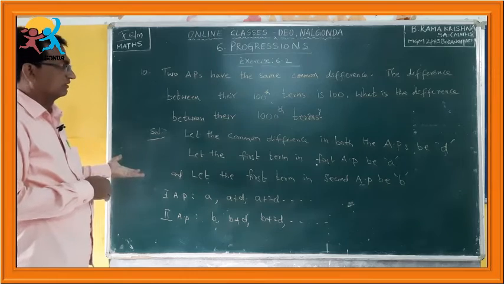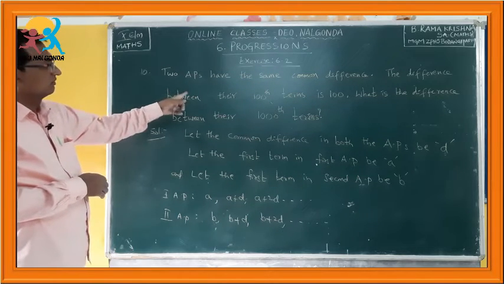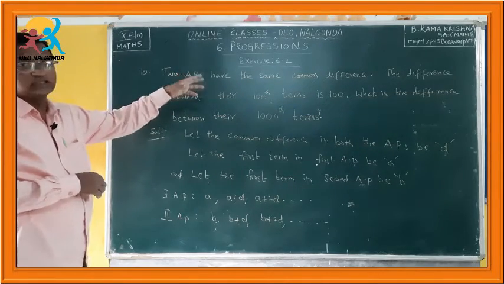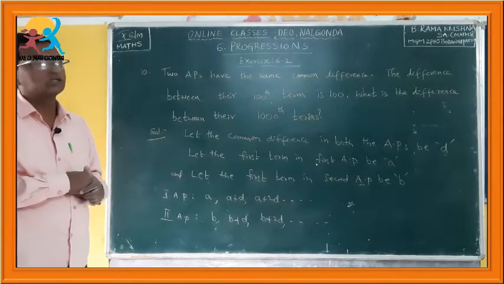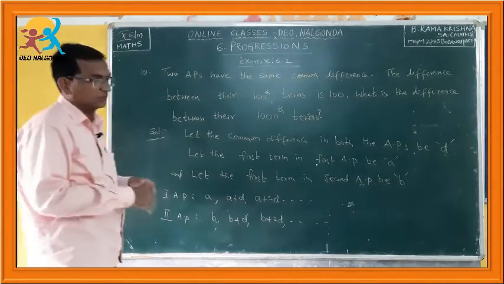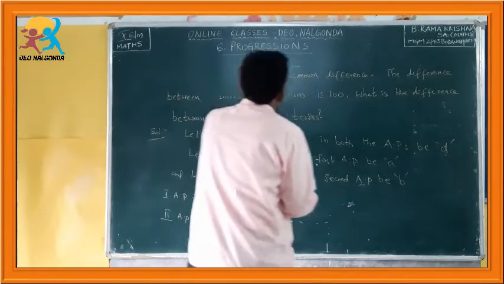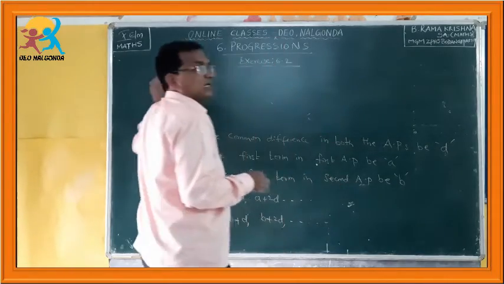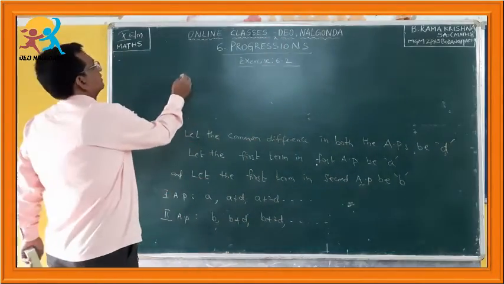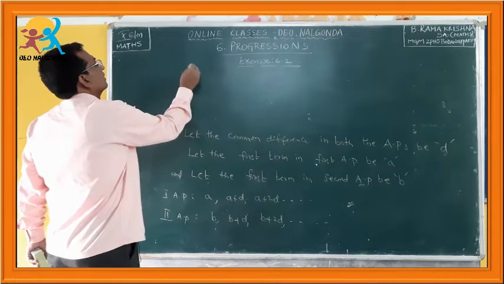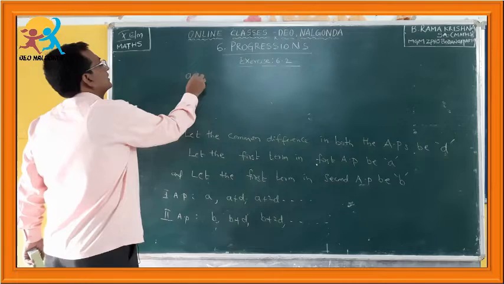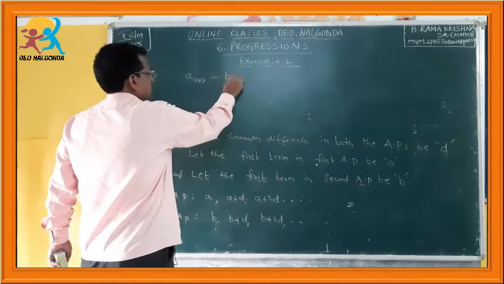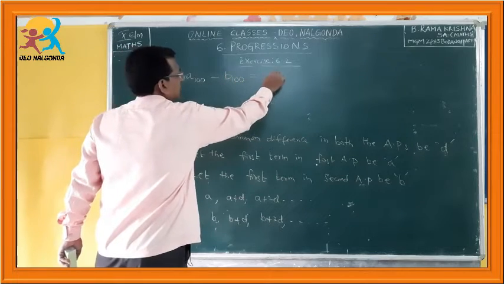What are the given things? The difference between the 100th terms in both the APs is 100. Now I am going to write this in notation form. The difference between the 100th terms means A100 minus B100 is given as 100.